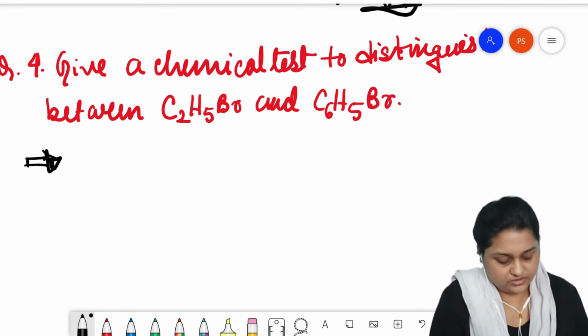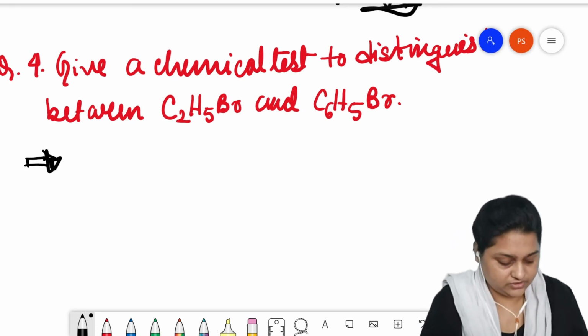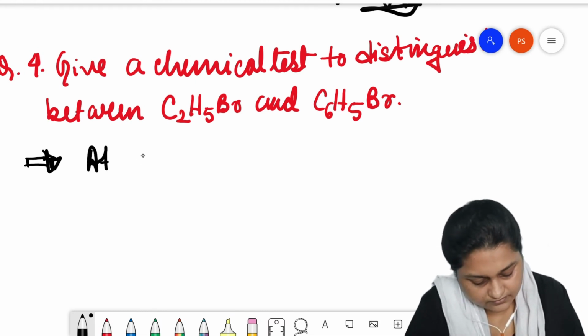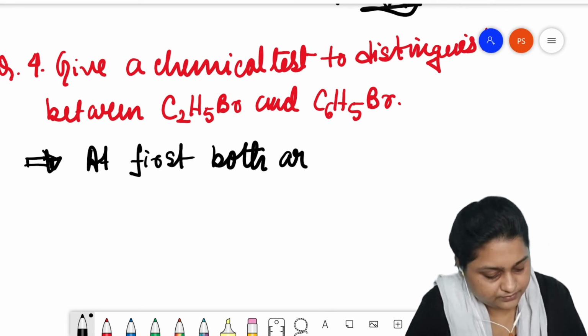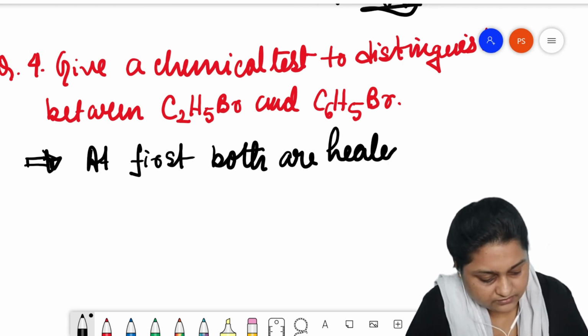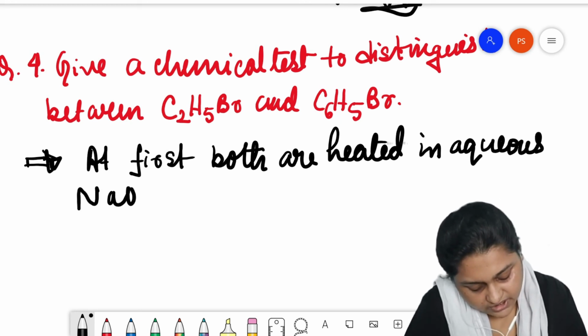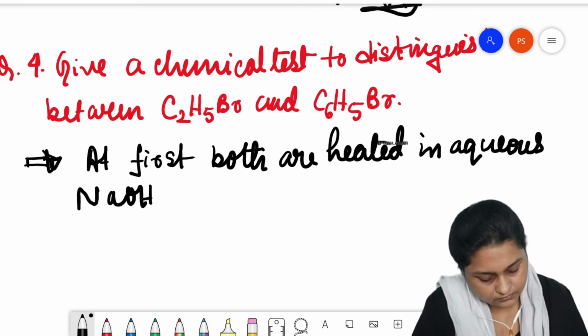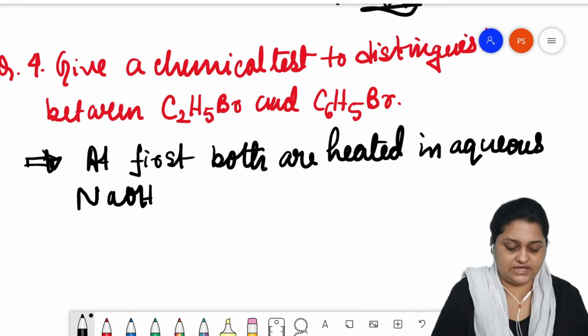both of them are heated in aqueous NaOH solution at first. C2H5Br, due to this heating, will produce ethanol and NaBr.